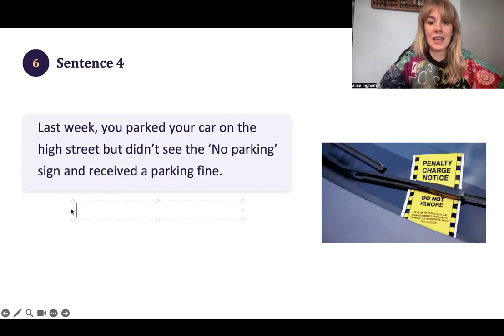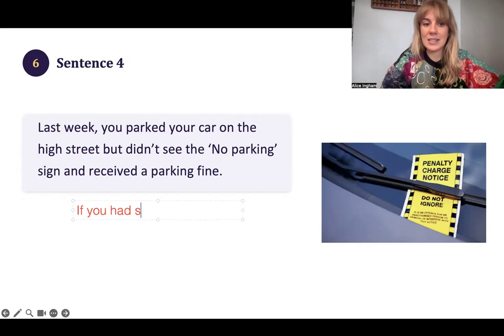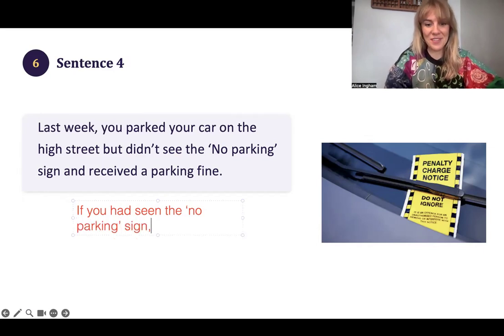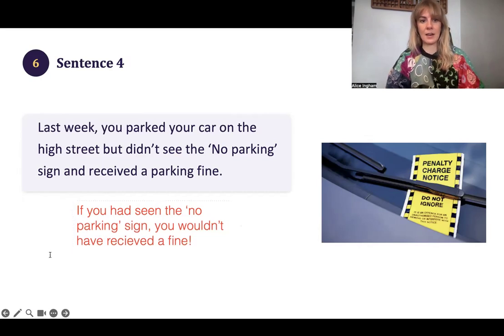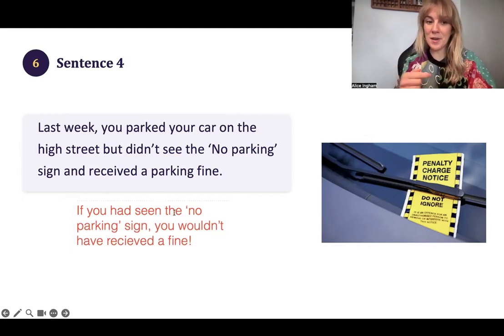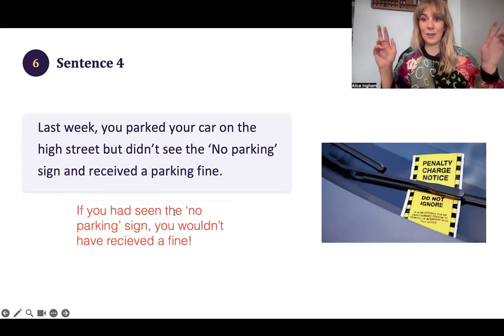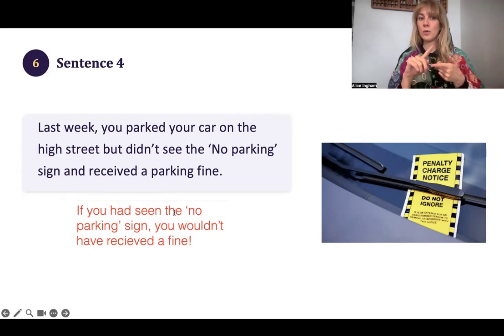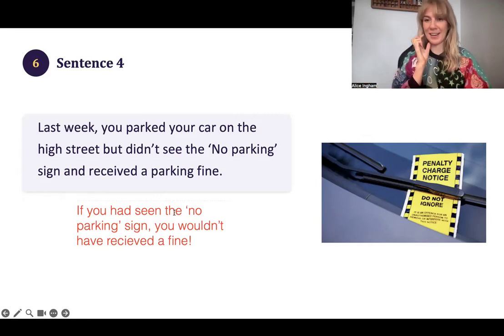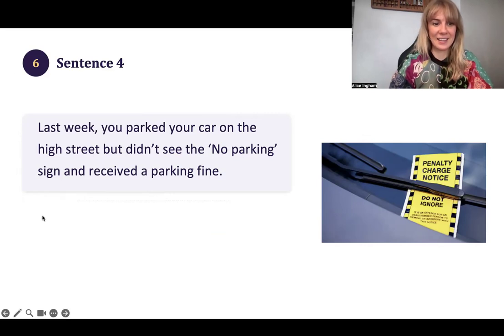So, if you had seen the no parking sign, you wouldn't have received a fine. So we have our if clause with the comma. If you had seen the no parking sign, you wouldn't have received a fine. Very good. Okay, let's do another one.